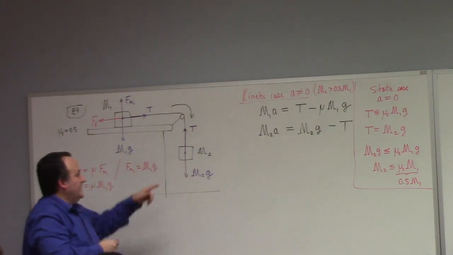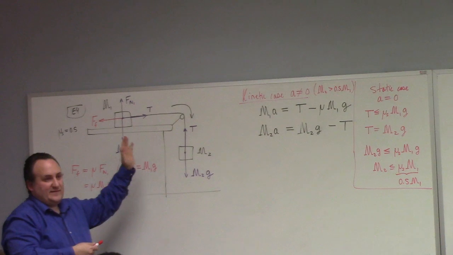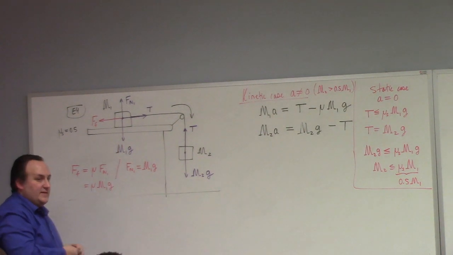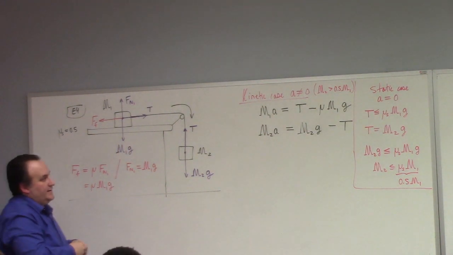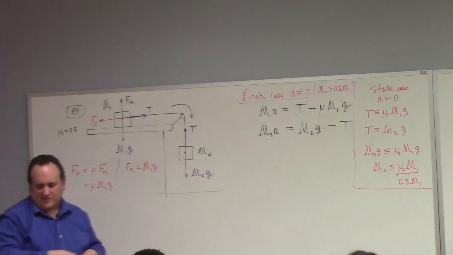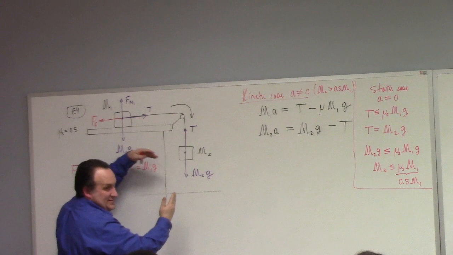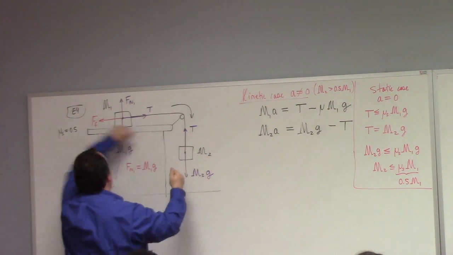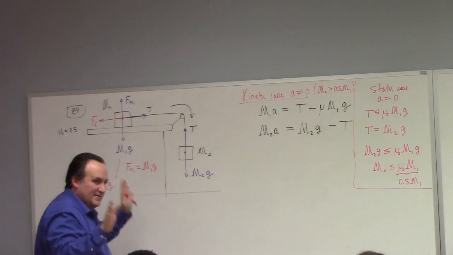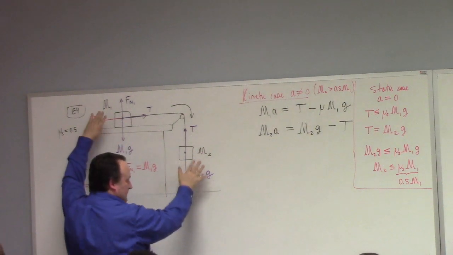If the second mass is more than half the first mass, it's fallen down. I'm assuming it starts from rest. I'm not going to do some weird thing where this thing is going up and that thing going over that way. Starts from rest, falling down.